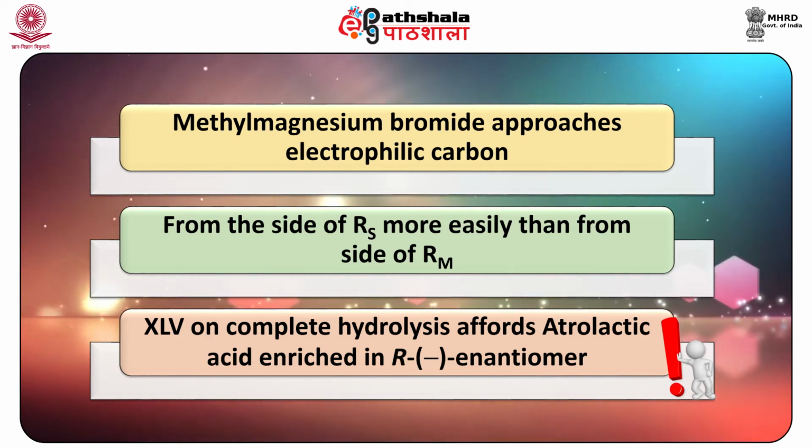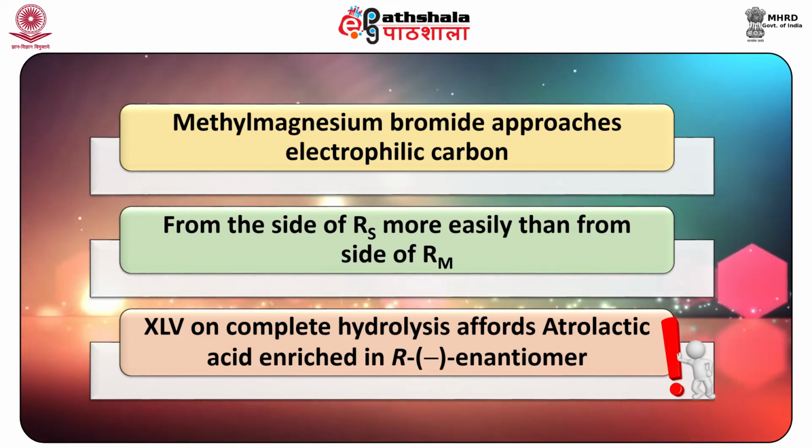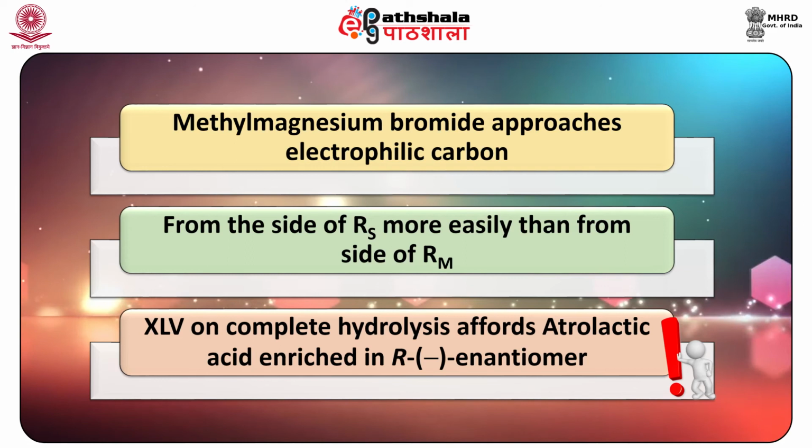The preferred diastereomer is thus 15, which on complete hydrolysis affords atrolactic acid enriched in the R minus enantiomer. The carbinol carbon in the menthol has R configuration and it follows the obtention of R minus atrolactic acid from the above sequence of reactions.